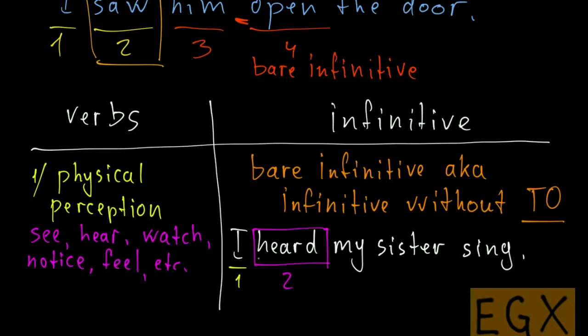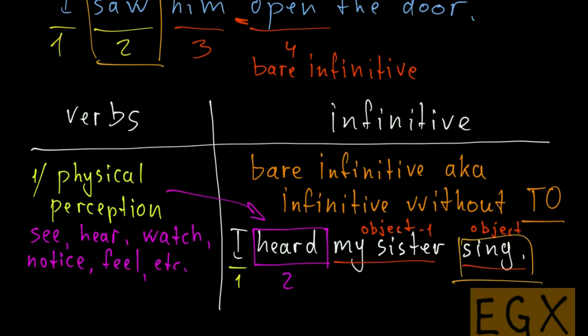So that's important, physical perception. And then my first object, and then my second object. And this is my bare infinitive, without to.